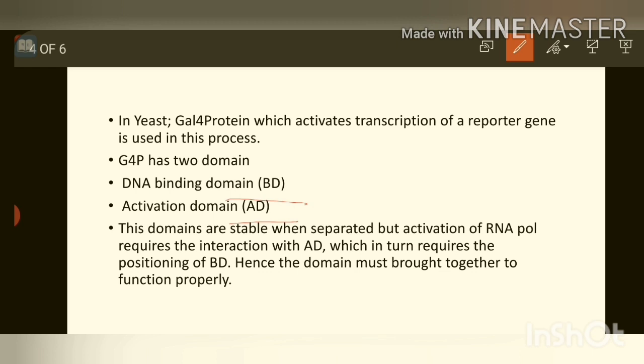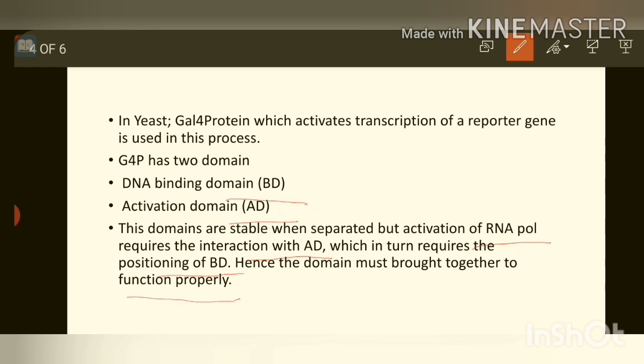These domains are stable when separated, but activation of the RNA polymerase requires the interaction with the activation domain, which in turn requires the positioning of the DNA binding domain. Hence the domains must be brought together to function properly.